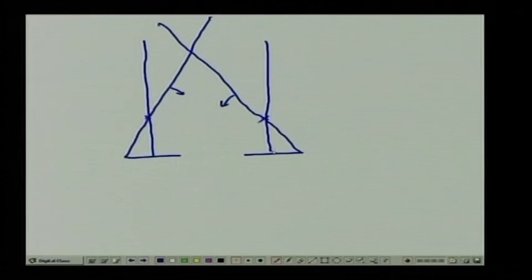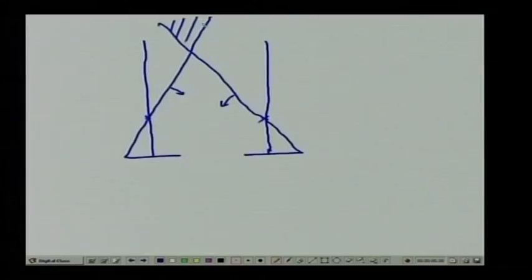And also, for finding out the depth information, it is necessary that the same point should be imaged by both the cameras. So, the points which can be imaged by both the cameras are only the points lying in this particular conical region. The points belonging to this region or the points belonging to this region cannot be imaged by both the cameras. So, all the points must be lying within this.